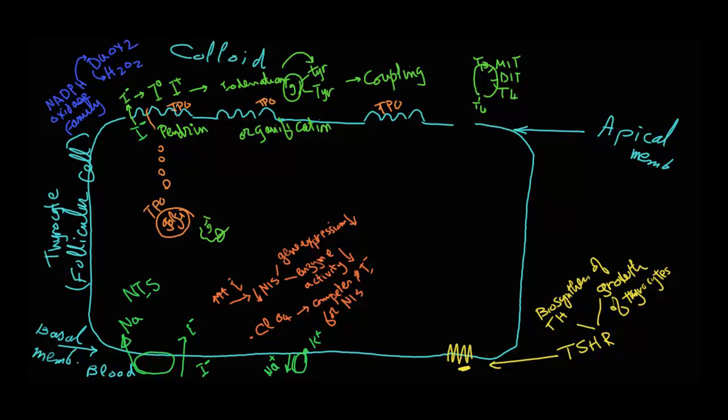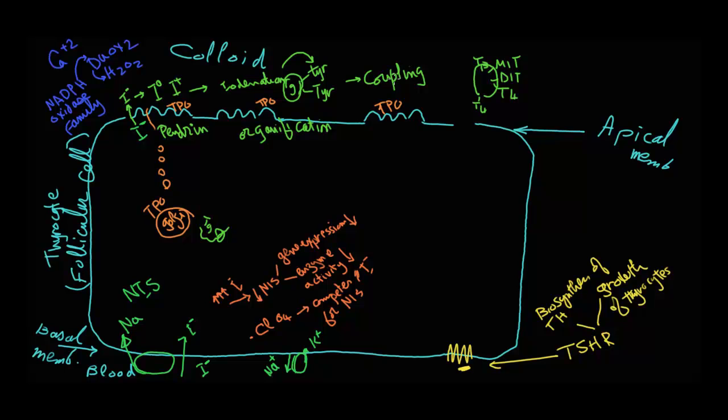This process of oxidation needs H2O2, and the H2O2 generating system is represented by a member of the NADPH oxidase family called DUOX2, which is called dual oxidase 2. So it is a local enzyme. Calcium is a cofactor in this process, calcium ions.